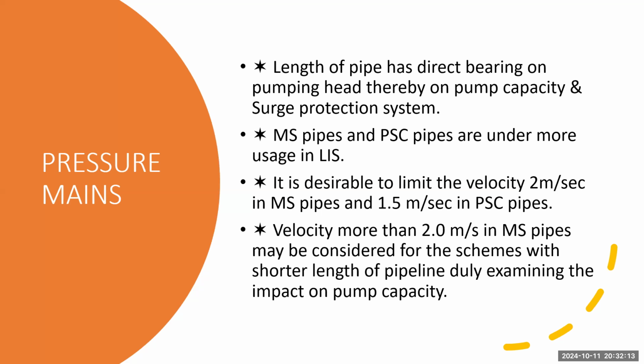The desirable limit for velocity through MS pipe is 2 meters per second, and through PSC pipes it is 1.5 meters per second. If the velocity is more than 2 meters per second in MS pipes, the length of pipeline should be shorter and the thickness of the pipe should be increased.